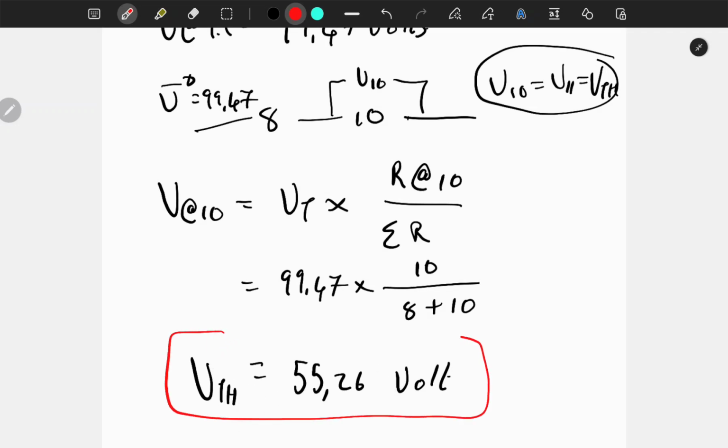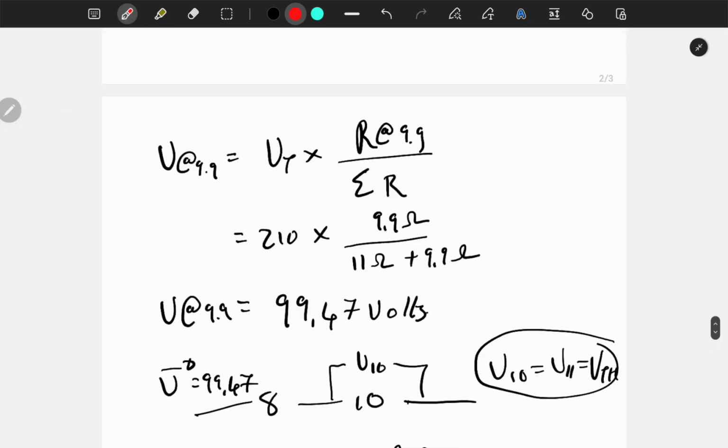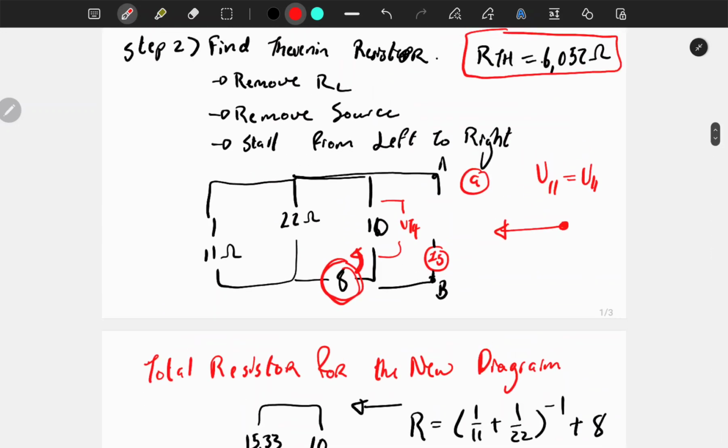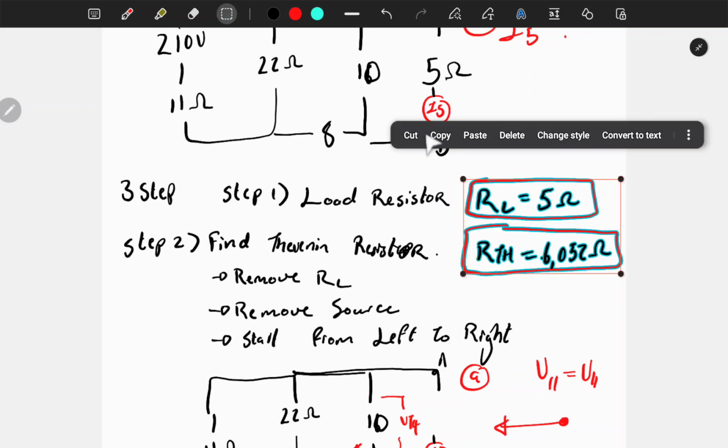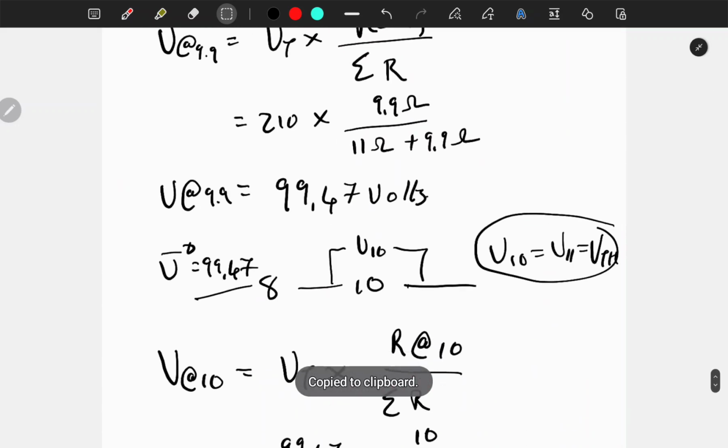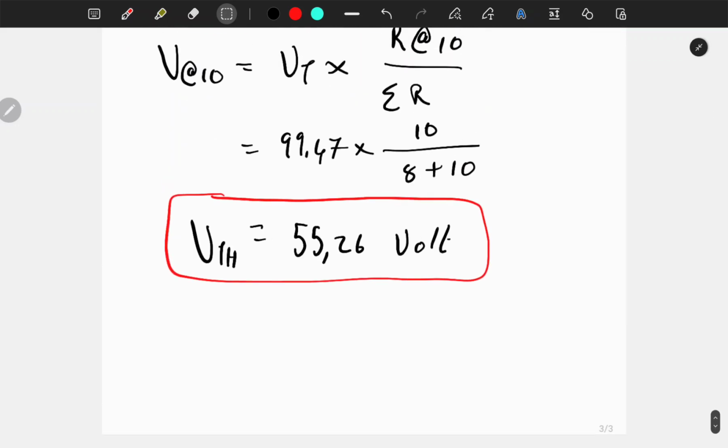So now when you're solving for Thevenin, you're going to have to do something for me, right? And this is the only way you can get your marks for this chapter.